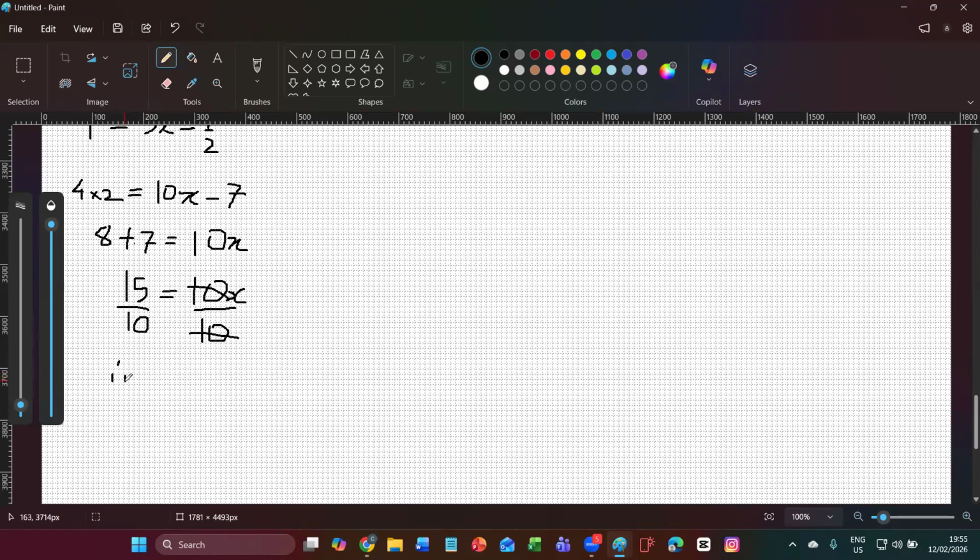Anytime you divide a number by 10, 100, just move the decimal point one place to the left. So it's 1.5. So there you go. x is equal to 1.5. So yeah, that's the answer.